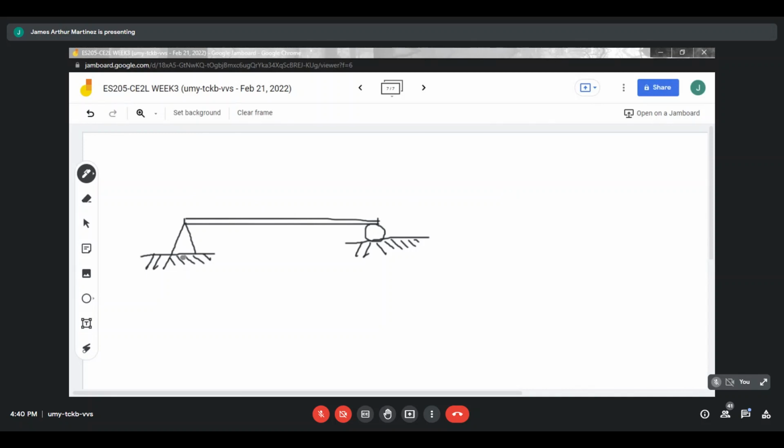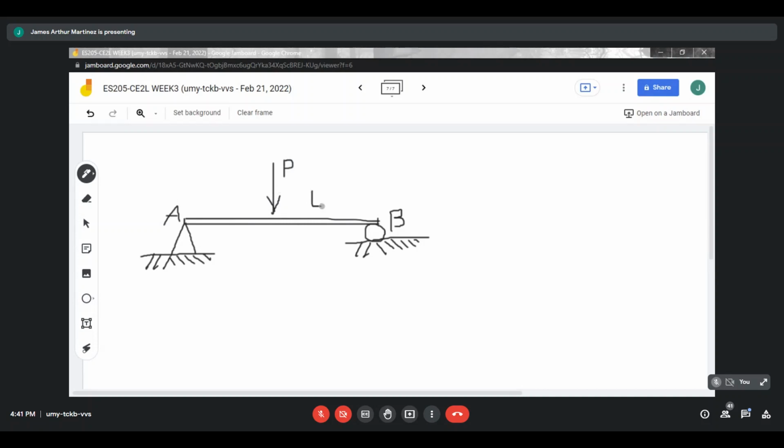So, let's say this is our point A and point B, and you have force or loading, no, concentrated load at the center of your beam, which is P.